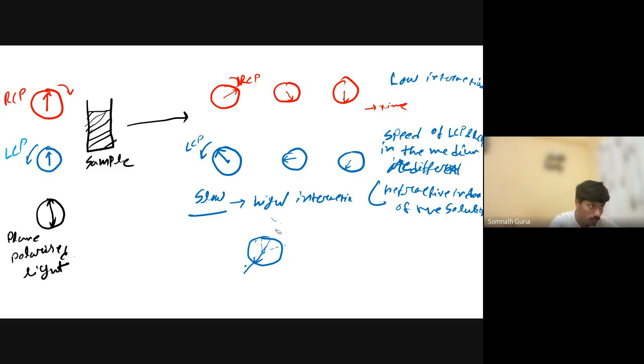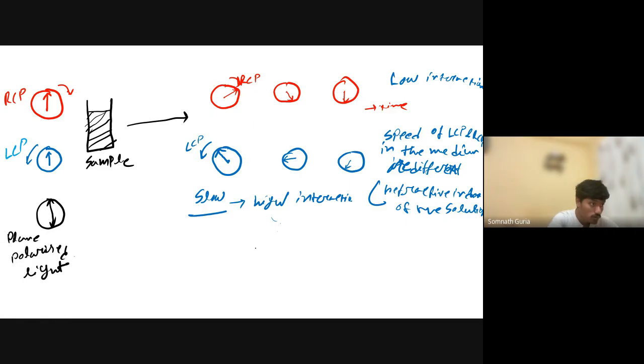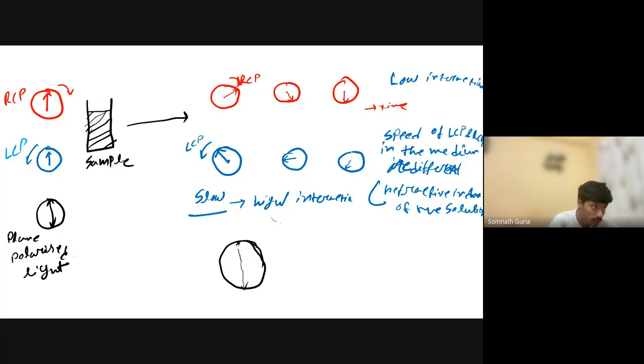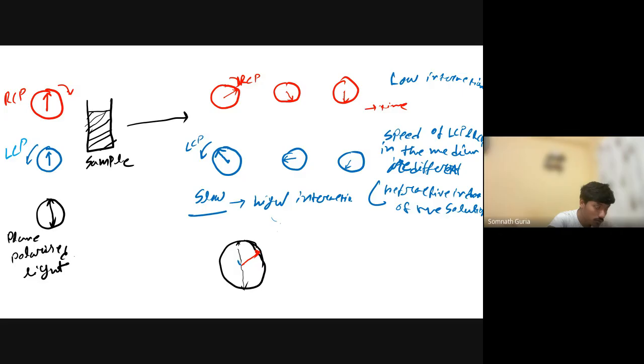Sorry, I'm trying to change it. We are talking about the black one. We have my plane polarized light over here, positioned in that direction initially. Now we have left hand circularly polarized and right hand circularly polarized light traveling around in that direction that much, and left hand a different amount.